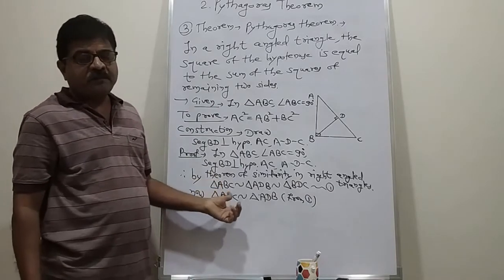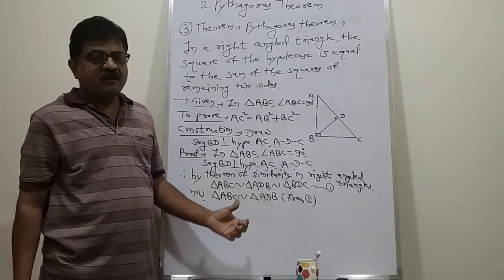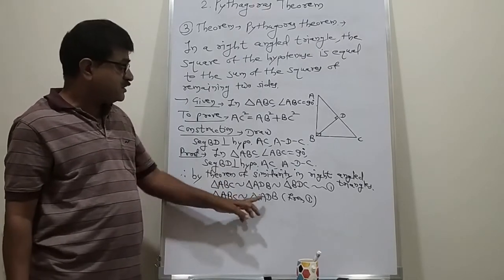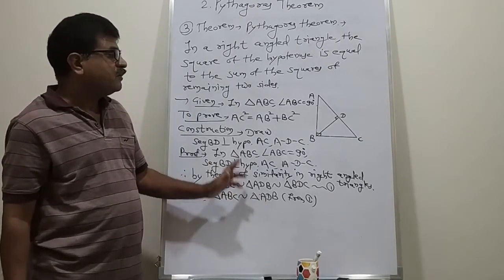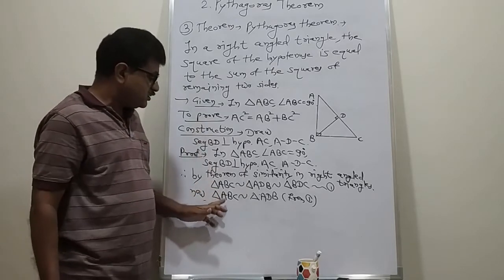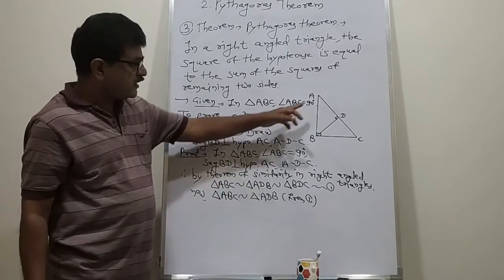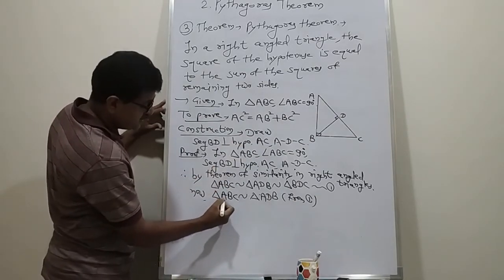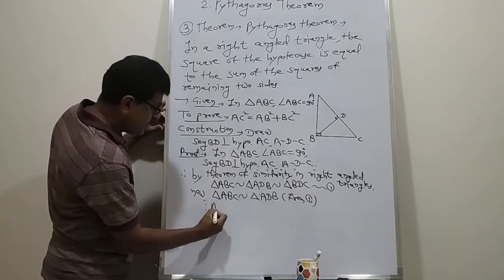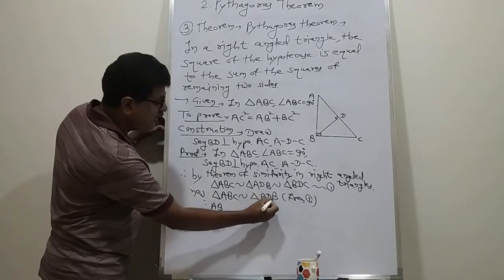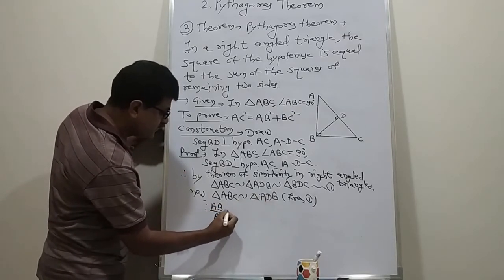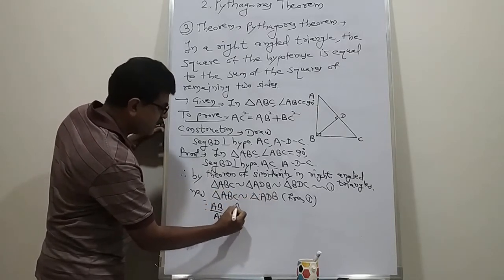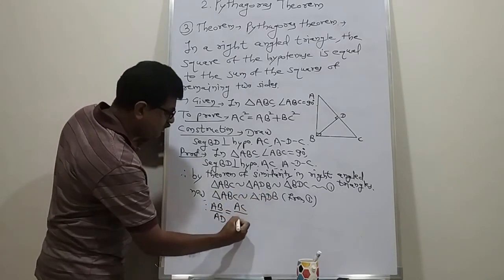Now we know that if two triangles are similar, then their corresponding sides are in proportion. Now take sides such that we have to take AB two times. Therefore, AB upon AD is equal to AC upon AB.